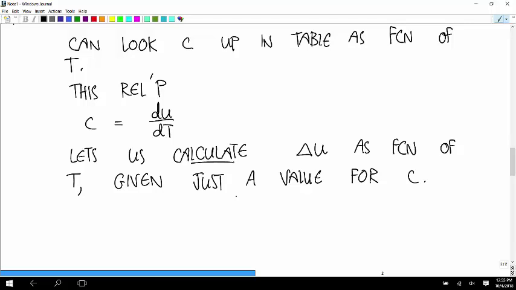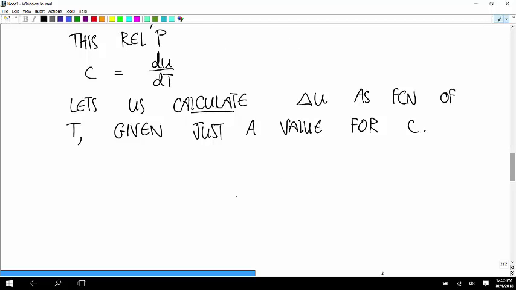Okay, this is for an incompressible treatment of a liquid or a solid. Let me show how this works.